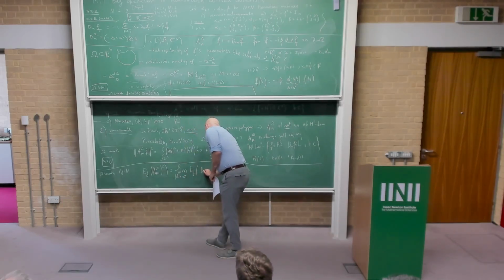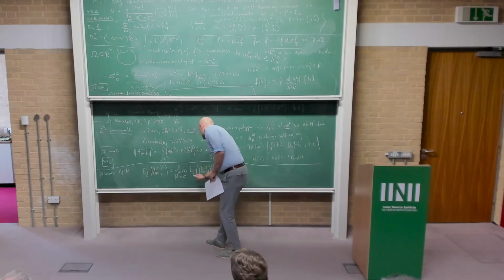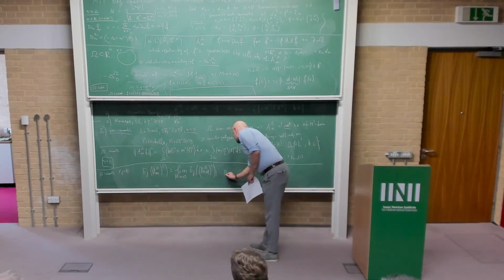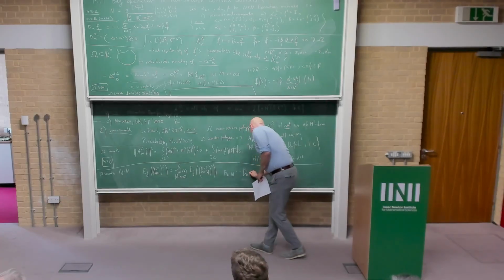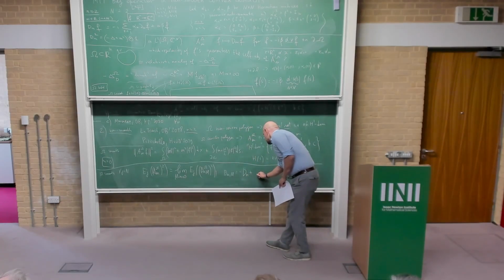I will write it now, m omega squared. What is this? It's again the Dirac operator in R^n, and then you have m, sorry, 1 over c, beta.